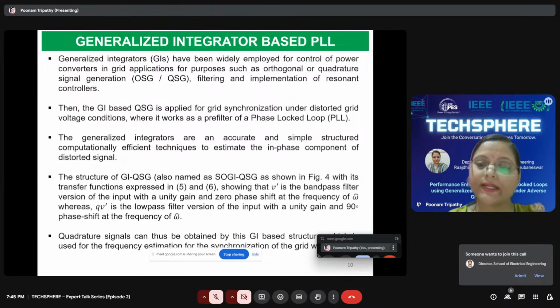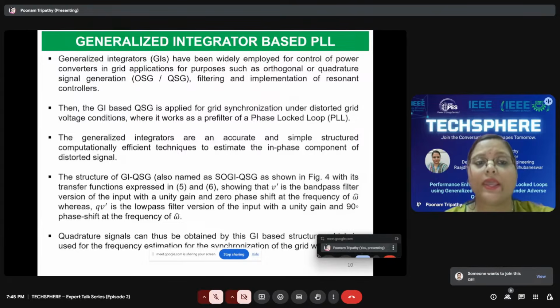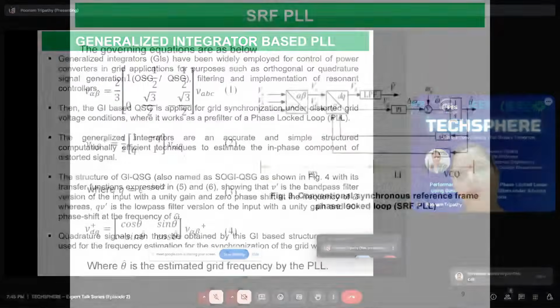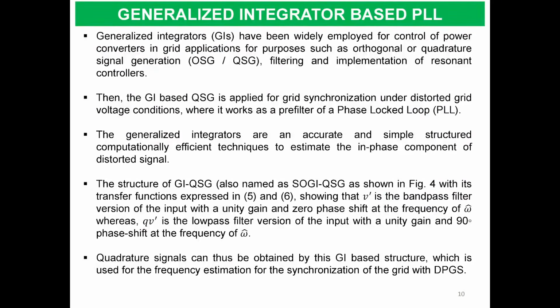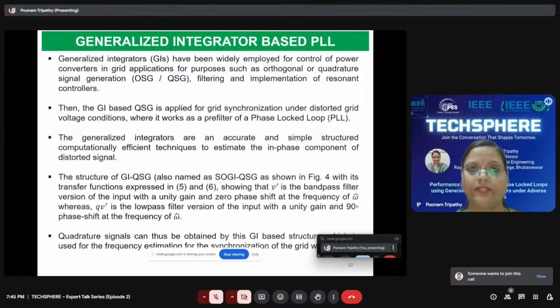So the generalized integrators are nothing but proportional resonant controllers which are responsible for a higher filtering capability as well as the orthogonal or the quadrature signal generation, which means that the GI filters are basically implemented for producing the outputs which are known as the in-phase voltage component and the quadrature phase voltage component. Here, the orthogonal or the quadrature signal has a 90-degree phase shift with respect to the in-phase voltage signal, which I will be clarifying for you.